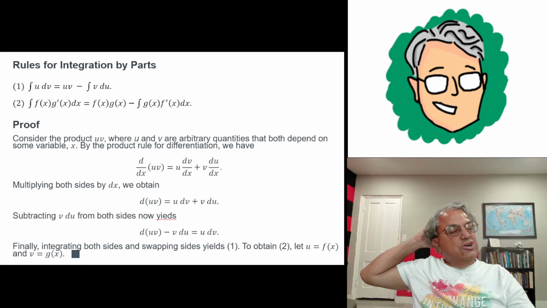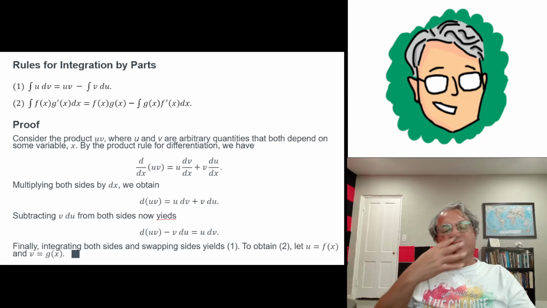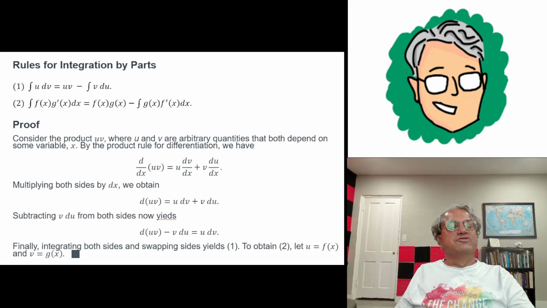And now we just do a little bit of algebraic manipulation here. The next thing we do is we subtract v du from both sides. If you do that, you get d of uv minus v du equals u dv. Now there's just a couple more steps. First, you switch sides, so you get u dv equals d of uv minus v du, and now you integrate both sides.